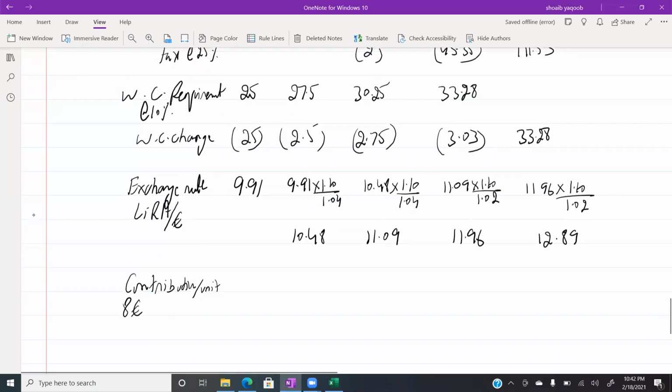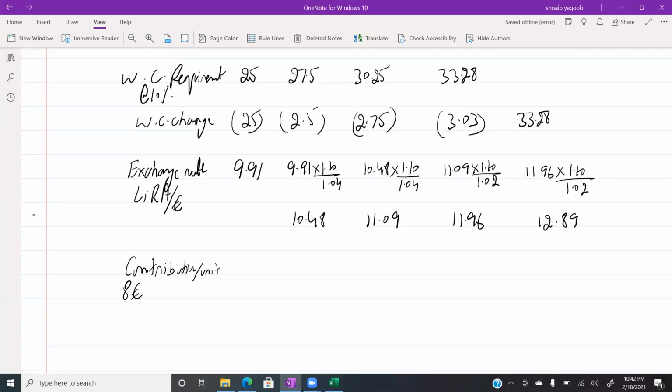So in year 1, and guys, directly take its after tax value. 1 plus inflation.